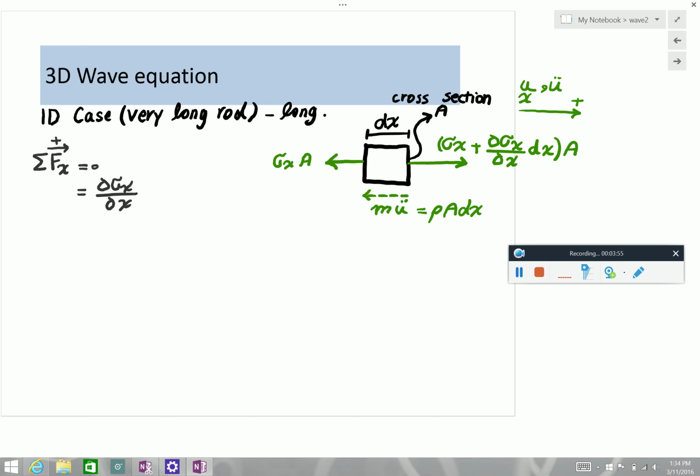And then we also have negative inertia, which, when we cross out A dx, will be rho u double dot. I seem to have forgotten here to write the double dot. So this is basically m. Okay, so this has to be equal to 0.